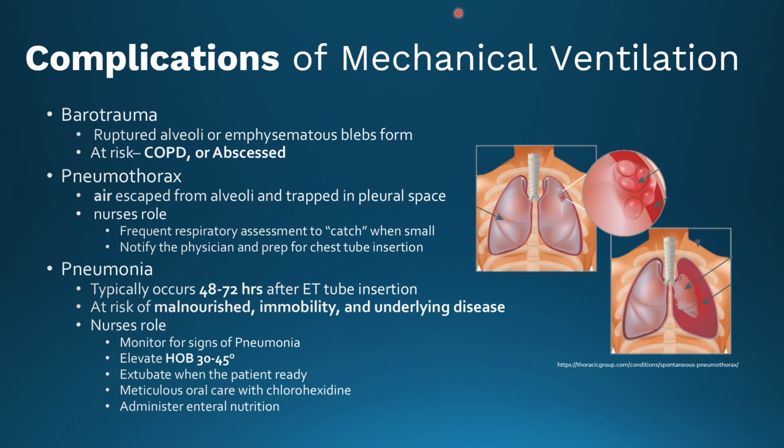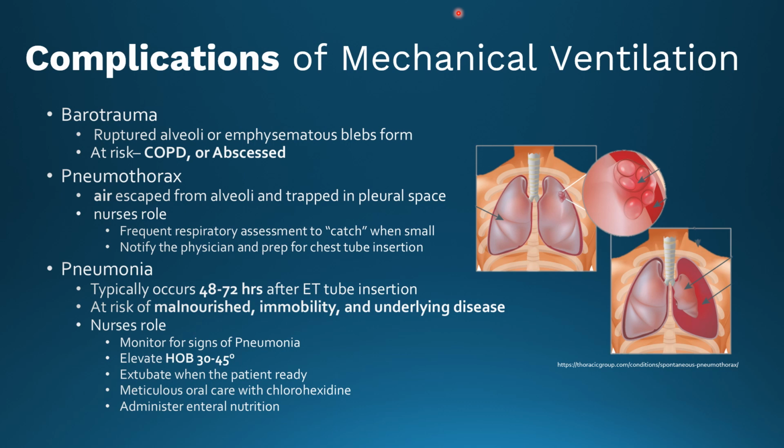So as a nurse, what is our role in decreasing the risk of pneumonia? We need to make sure the head of the bed stays elevated to a minimum of 30 to 45 degrees, unless it's medically contraindicated. We need to daily assess the patient's readiness for extubation.